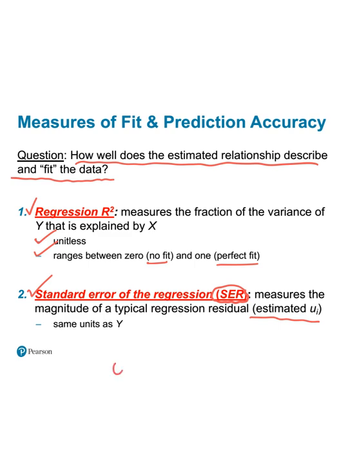Recall that u i hat is equal to y i, the true observation, minus y i hat. And this gives us information about the average residual, or that average error term. Now, this one happens to be in the same units as y. Y is our dependent variable, so however that is actually measured, be it in points, be it in pounds, the standard error of the regression will be in the same exact units.